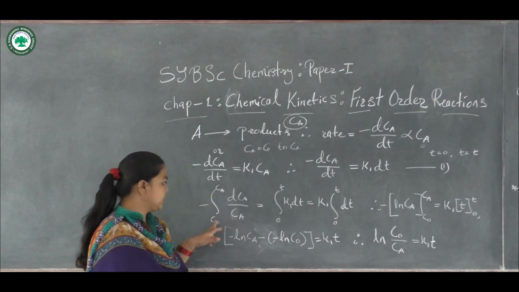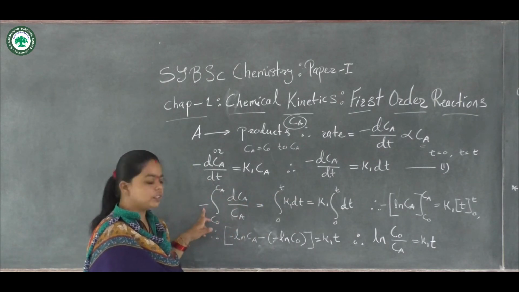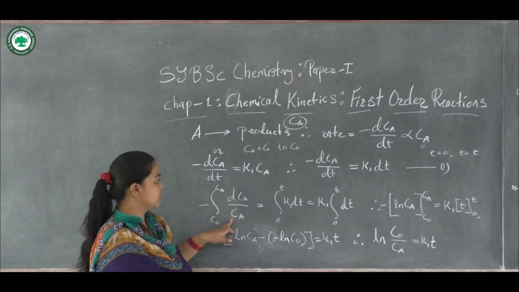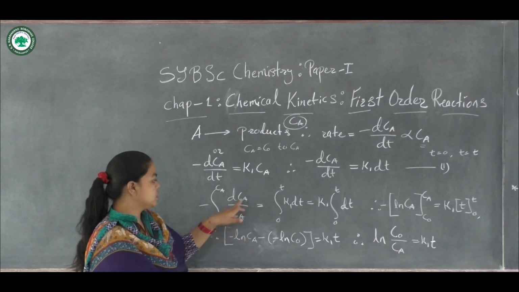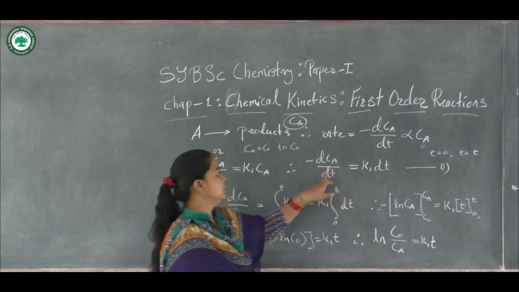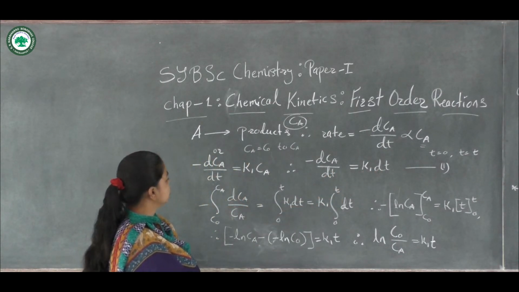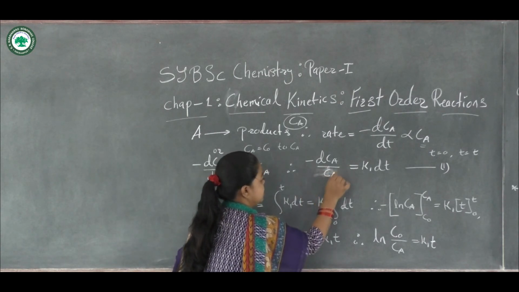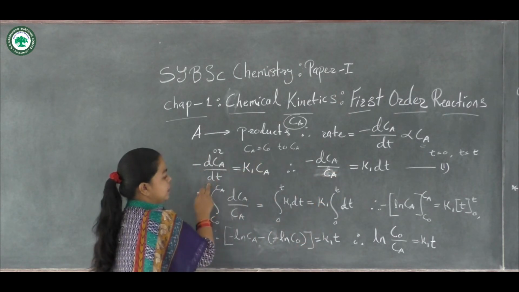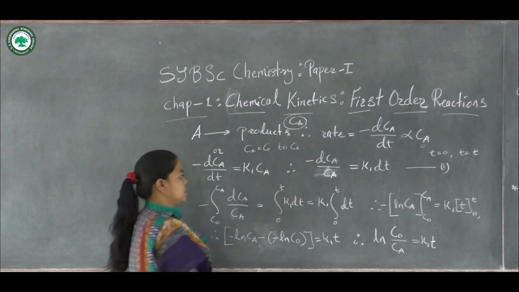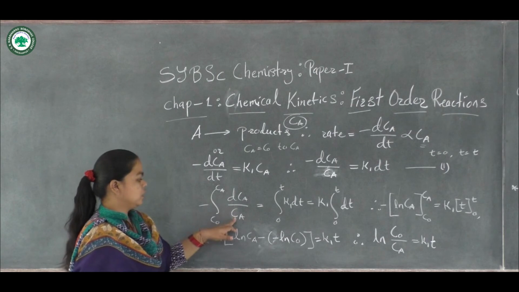We will get the integration, and the minus sign comes out of the integration. So C0 to Ca is the limit for integration, minus dCA upon Ca.